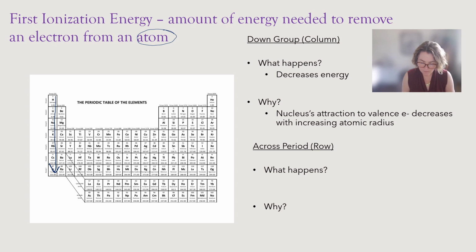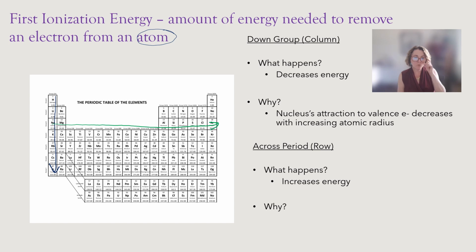Now let's talk about what happens when you move across a period. Now, keep in mind what we talked about in the last slide. As you move across a period, the atoms get smaller because they feel a greater pull on those outermost electrons.